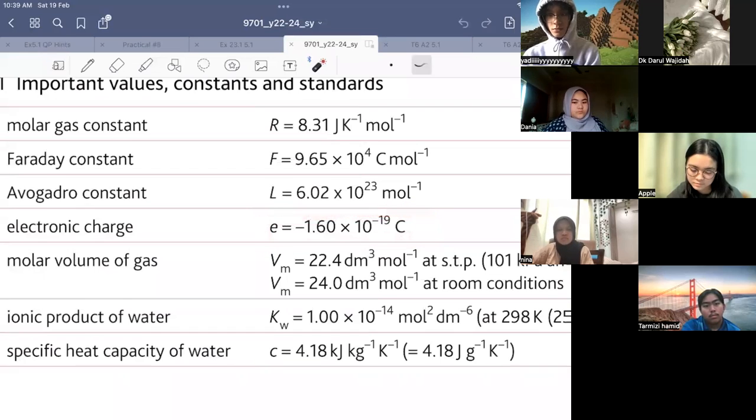Have you come across the unit coulombs before? If you do physics, then you would know that coulombs is the unit for the quantity of charge.